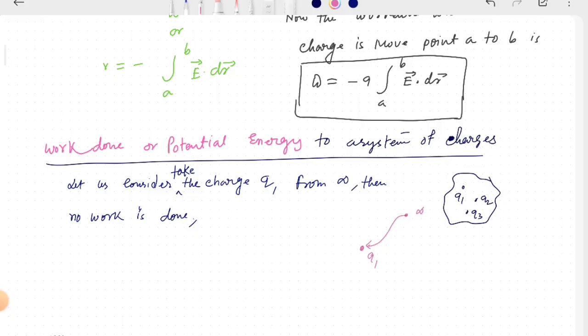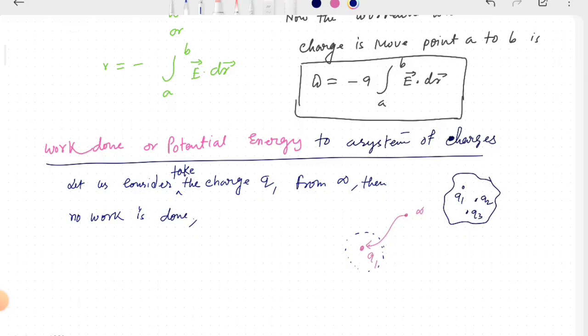Why? Because at that point there is no charge, so the electric field is 0. As the electric field is 0, work done should also be 0, right?